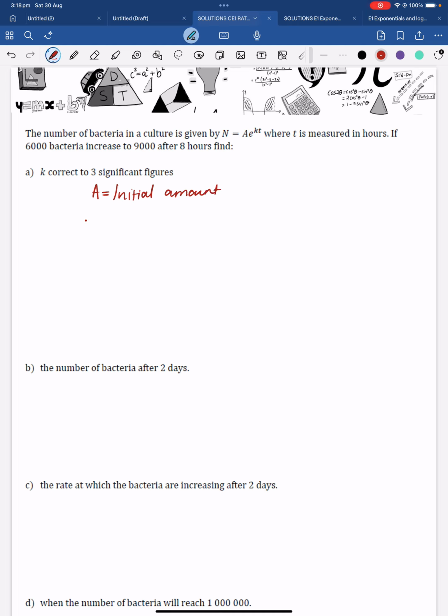And N is the new amount, I guess we could say, so it's what they told us was the 9,000. And it said that t was 8 hours. So we sub it all into our formula. Let's see what we get.